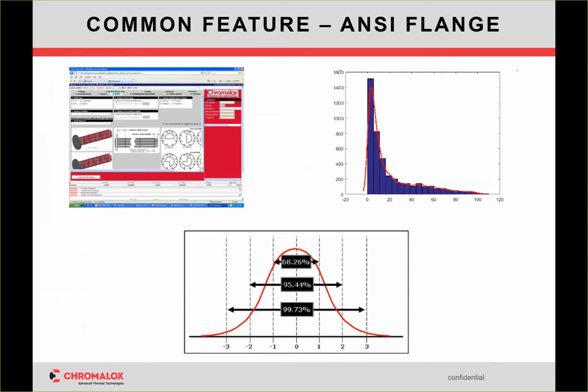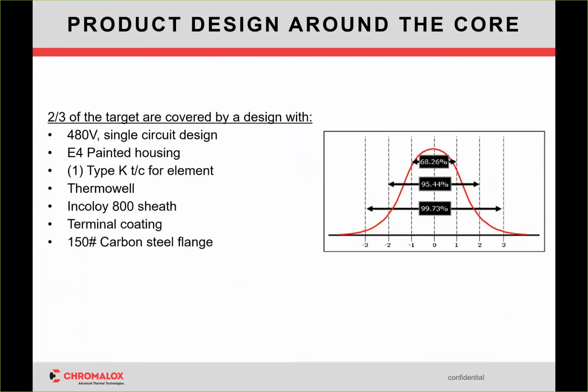The thought was to first identify what they were: 480-volt heaters, an overtemp, NEMA 4, Incoloy elements, 150-pound flange. That all became 80% of what we sell. He mentions it as the 2/3, or the 80-20 rule.